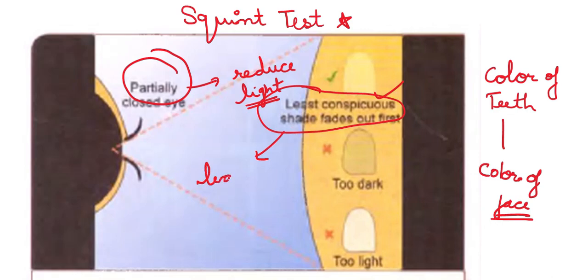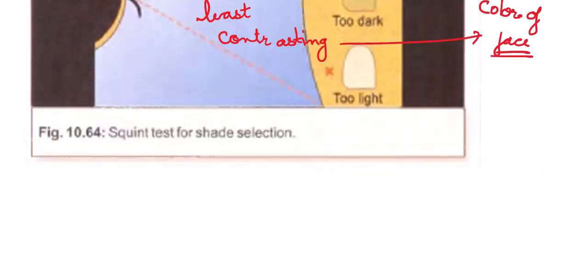The tooth color that fades or blends more seamlessly with the face color is considered less contrasting. So this test would aid in selecting a tooth color that closely matches the natural appearance of the patient's face.